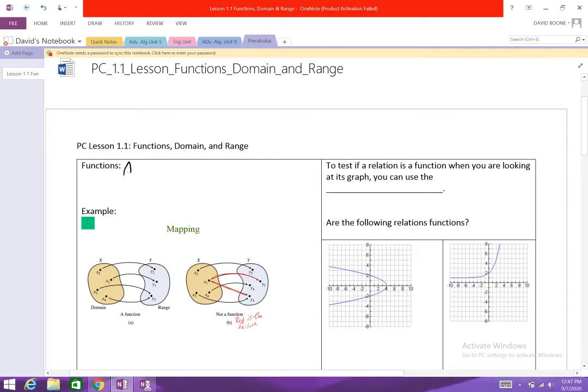A function is a set of ordered pairs, sometimes we call those just coordinates, where each unique input matches exactly with one output.